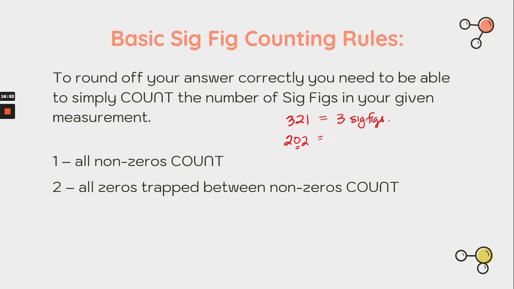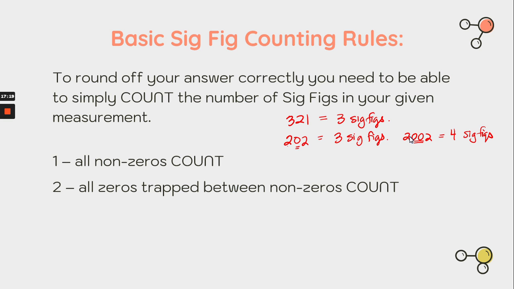It makes a difference. So this has also 3 significant figures. If there were multiple zeros in there, they would also count. Again, do you want $202 or do you want $2,002? Those zeros help me understand the size of that answer. So this one has a total of 4 sig figs.